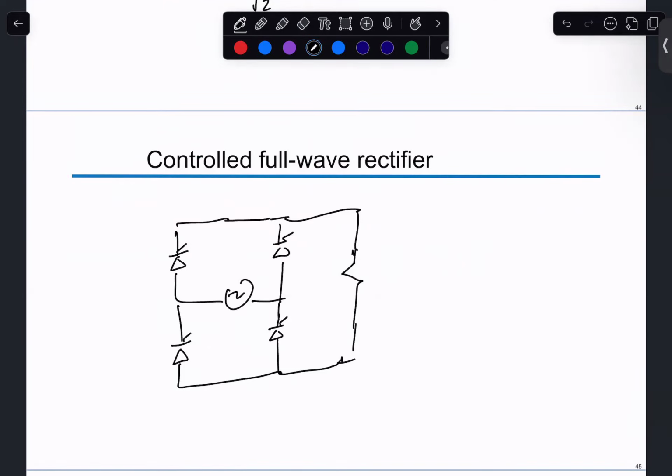The idea is the same. Here I drew four SCRs, but we actually only require two of them, because two SCRs in a path is sort of redundant. So we're going to use two SCRs and two diodes.